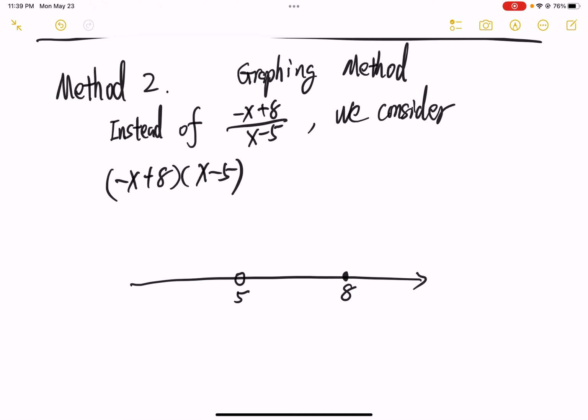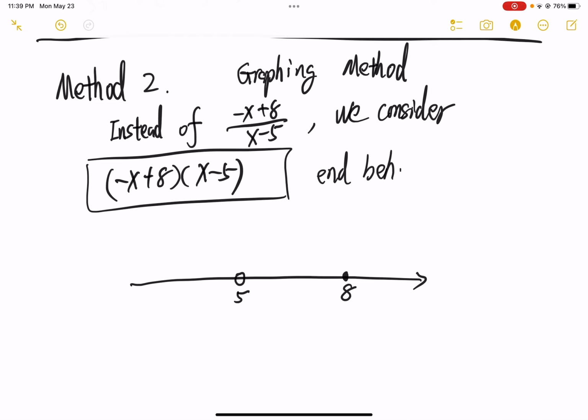Okay, so now let's look at the end behavior. If you expand, the highest power term is negative x squared, right? So it should be this one and this one.